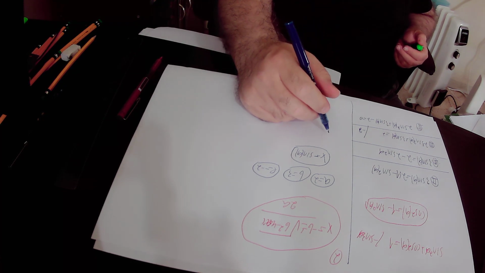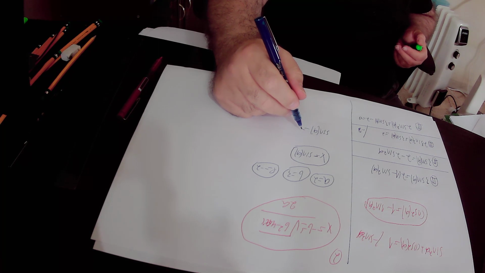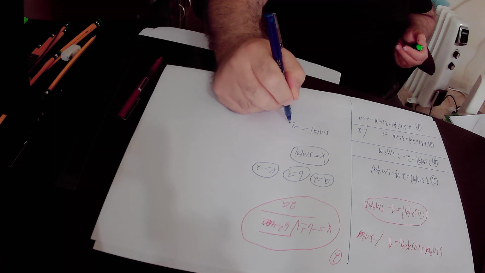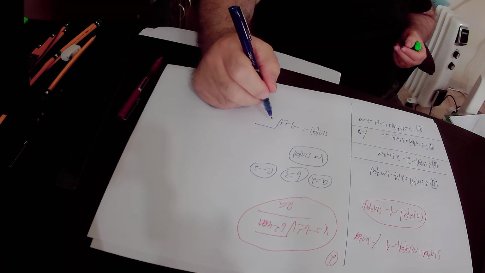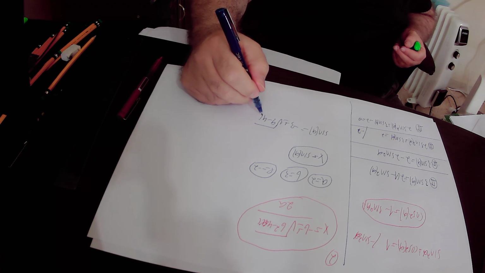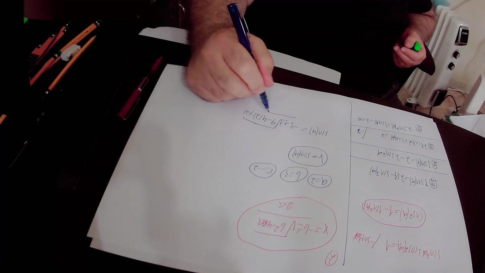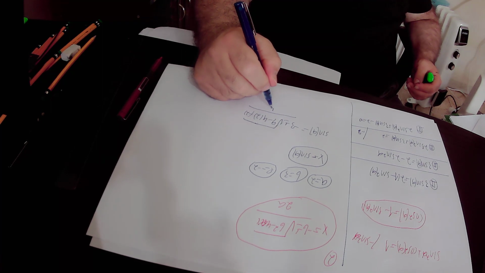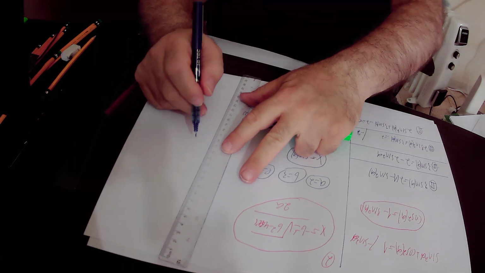So we do it now, and we get that sinus alpha equals minus b. B is 3, so minus b is minus 3, plus minus square root of b squared. B is 3, so b squared is 3 squared, that is 9. Minus 4 times a is 2, times c is minus 2, over 2a. A is 2, so 2 times 2 is 4.